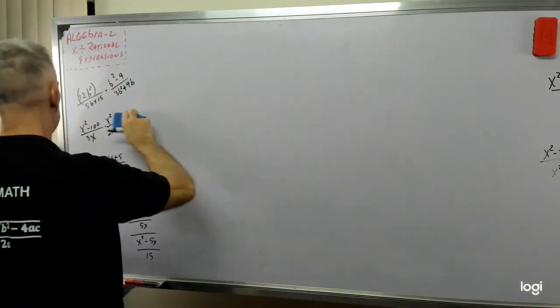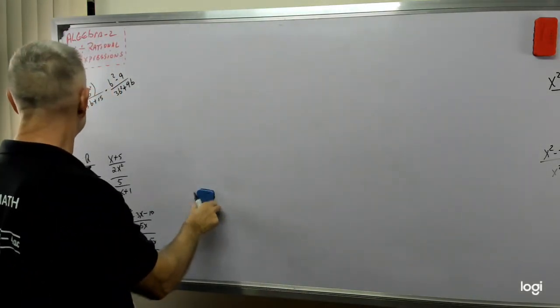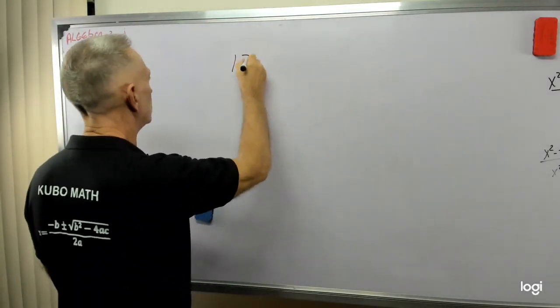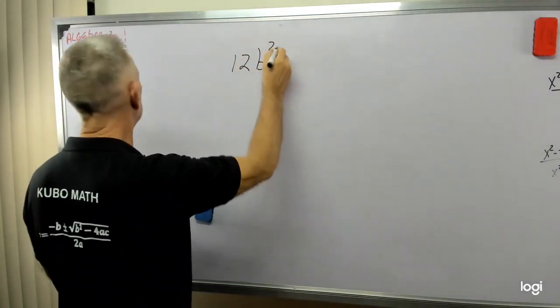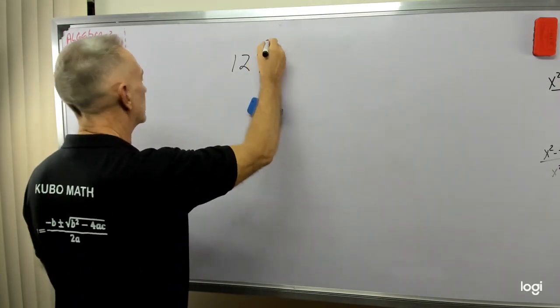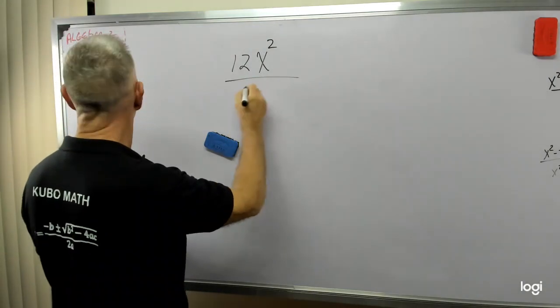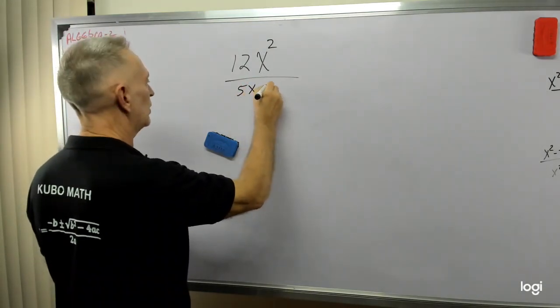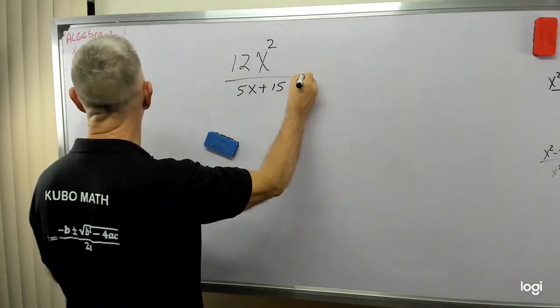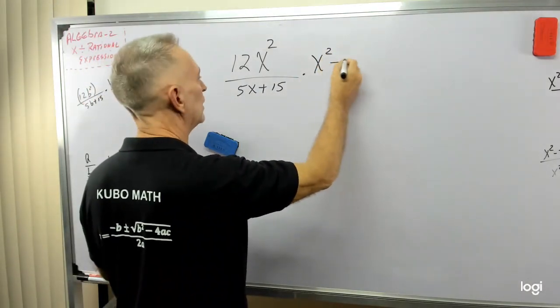See what else we've got over here. All right, 12b squared. I'm going to change that to x because it looks like a 6. I messed this up earlier. 5x plus 15 times x squared minus 9, divided by 3x squared plus 9x.